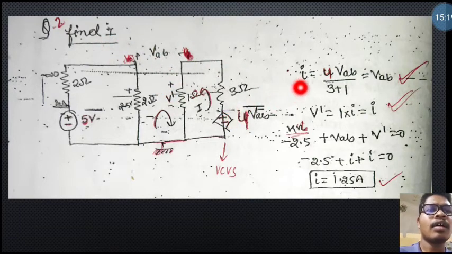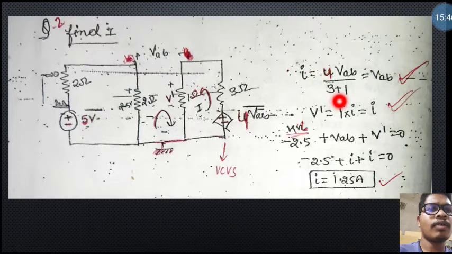So see here, I is equal to, in this network only we are taking the anti-clockwise direction, going minus to plus direction. So I is equal to voltage divided by total resistance, that is 4 VAB divided by total resistance 3 plus 1. Because the resistances are connected in series manner, that's why we are adding both the resistances. 3 plus 1 is equal to 4, and 4 ohm is there.